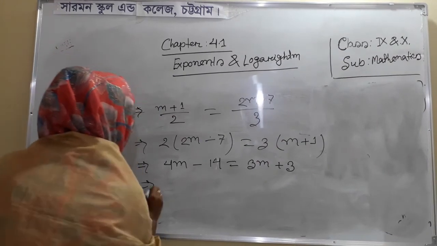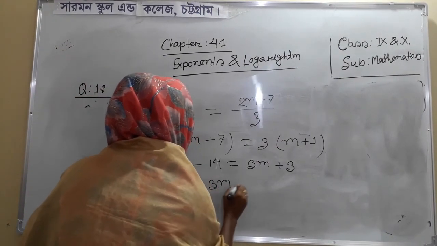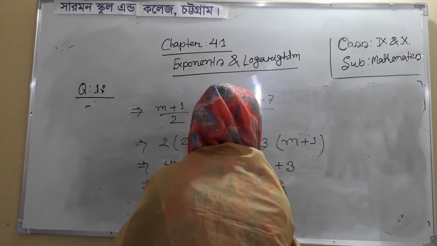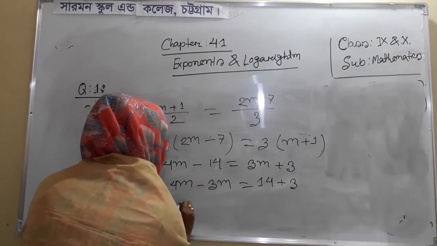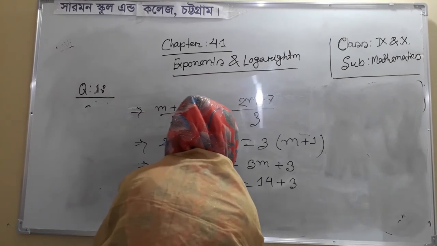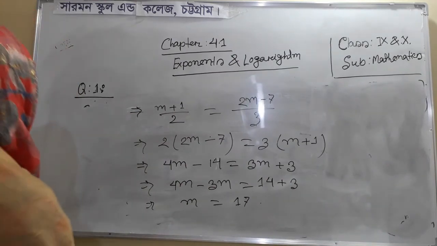Now we have 4m minus 3m equals 14 plus 3. So m equals 70. That means the value of m equals 70.